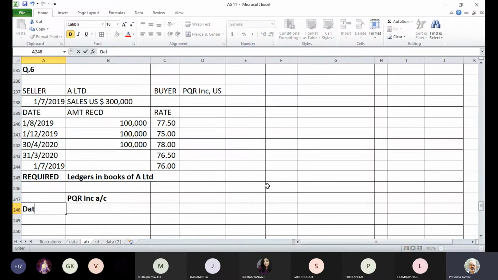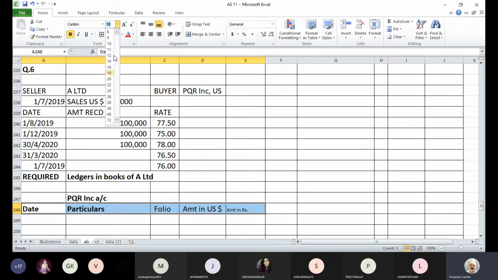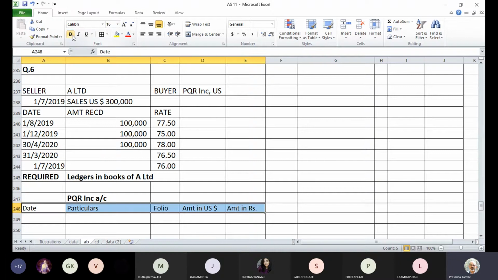The usual details: date, particulars, folio, amount in US dollar, amount in rupees. Same columns on the credit side also.